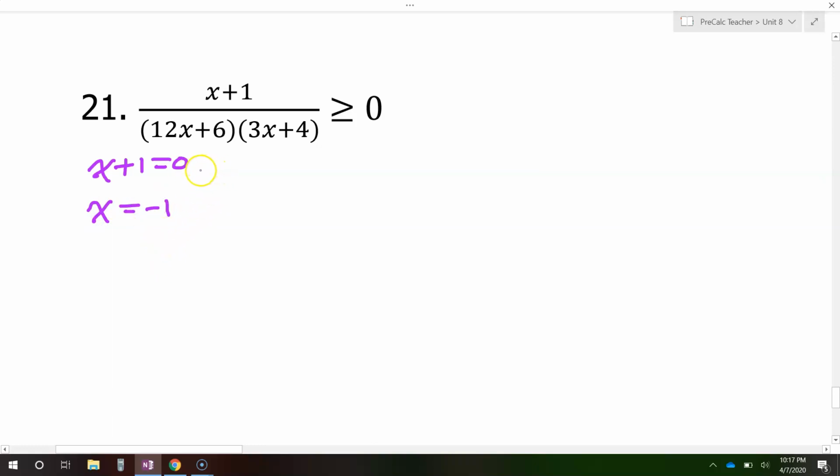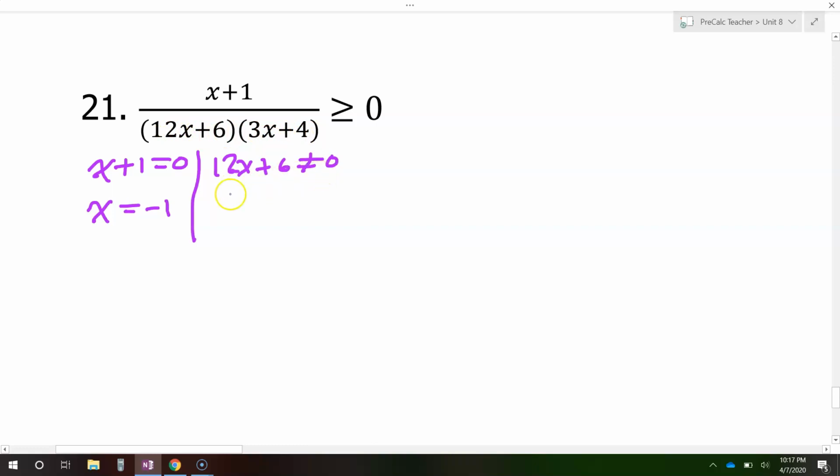That is a critical value. I'm going to have other critical values based on what x cannot equal. So let's look at these two factors right here. 12x plus 6 cannot equal 0, because that would cause a 0 denominator.